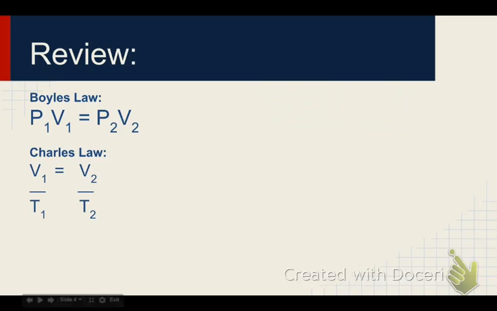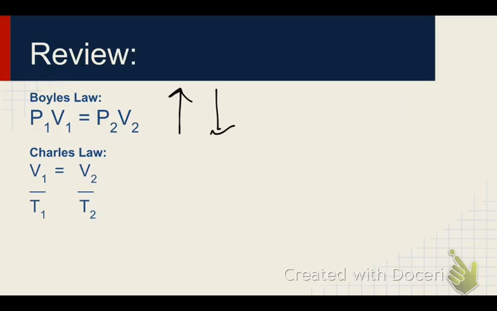So just to review, we talked about two different laws: Boyle's law and Charles's law. Remember that Boyle's law has an indirect relationship. So as the pressure goes up or increases, what happens to the volume? Very good, it decreases. Make sure you understand that, because that's definitely something that I'm going to be testing you on. Same thing with Charles's law.